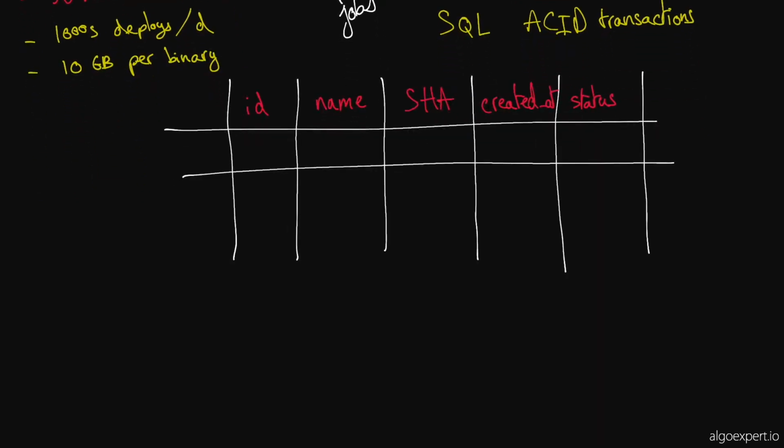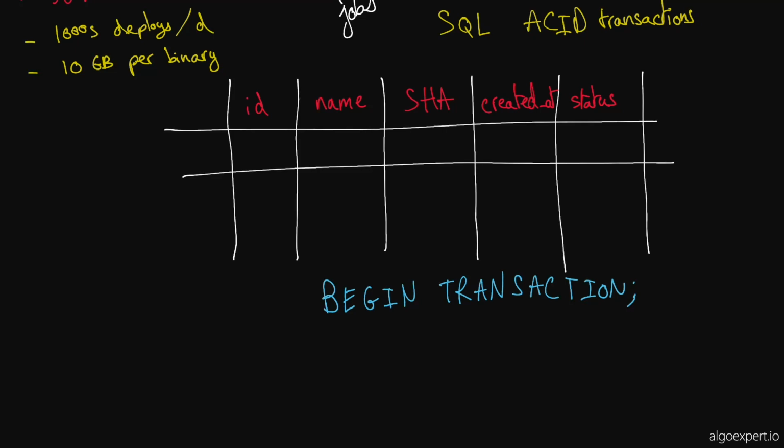So the transaction, let me write it down. It would look something like this, and again my SQL is a little bit rusty, so I hope I won't make mistakes. We would do begin transaction. This is to just say that our worker is starting the transaction, and then here we want to find the oldest, based on created at timestamp, queued job.